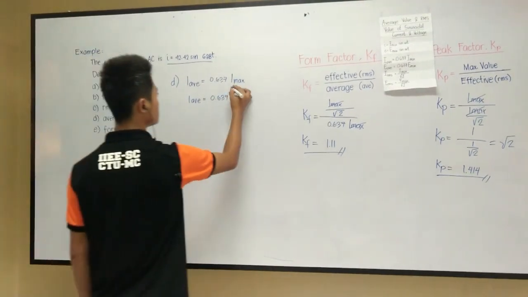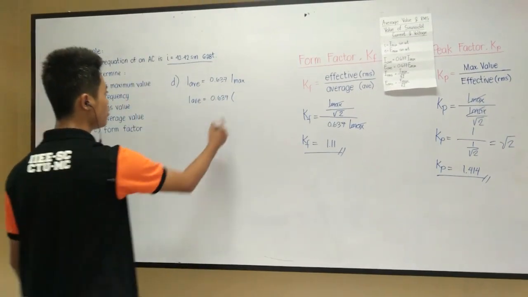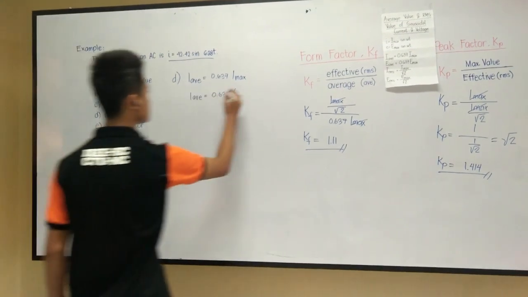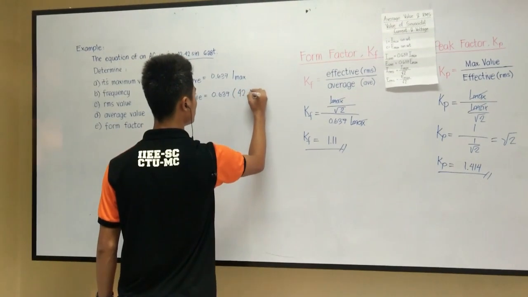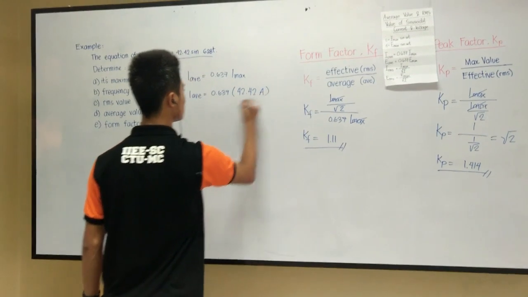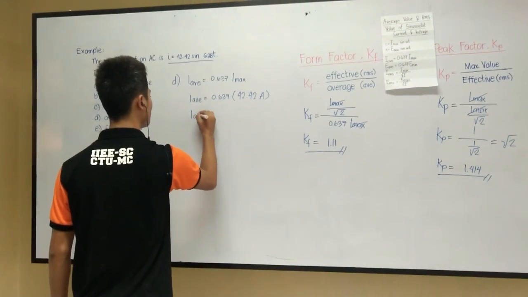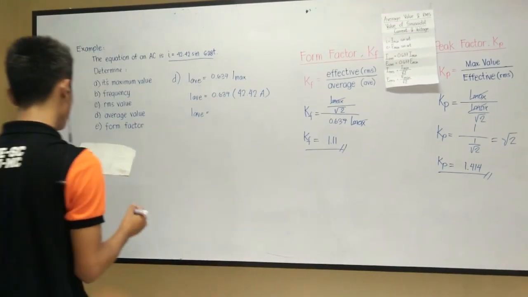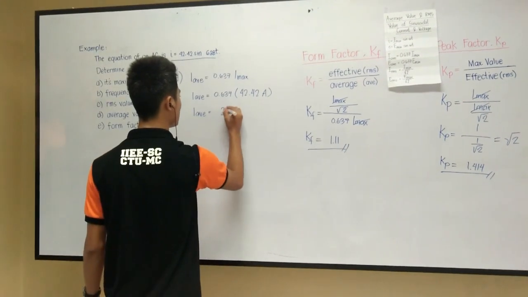Our I maximum is the value of the answer of our letter A, which is 42.42 amperes. Now the answer is approximately 27 amperes.